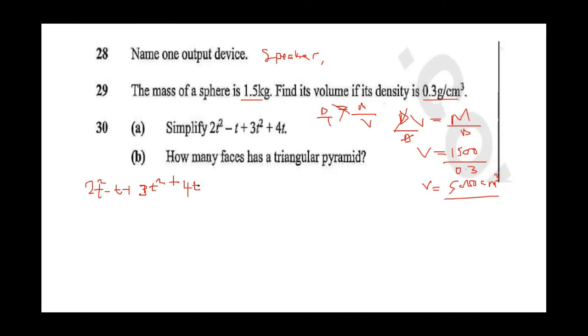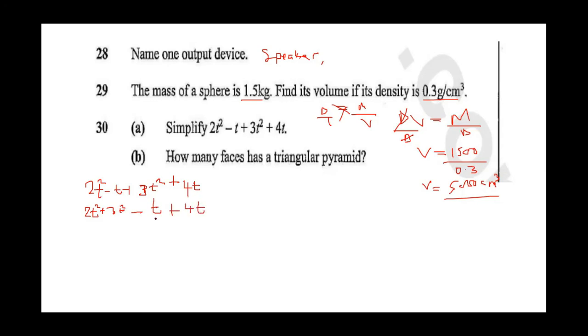The next thing that you're going to do is put those that are squared together. So 2t squared plus 3t squared, then minus t plus 4t.